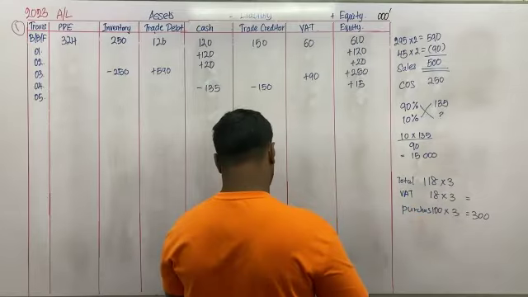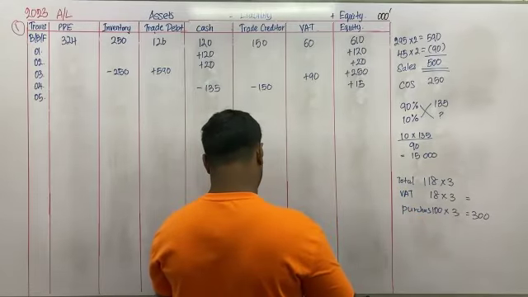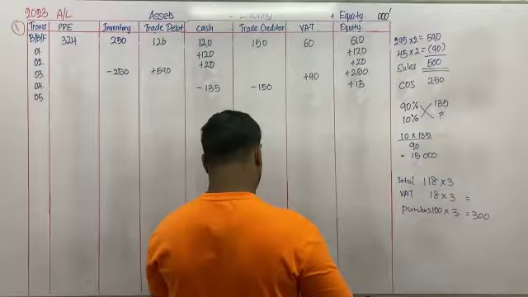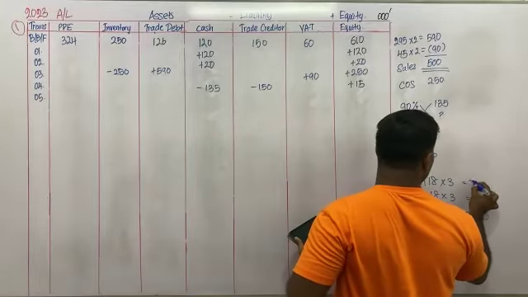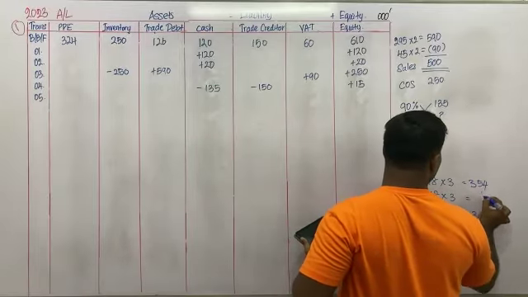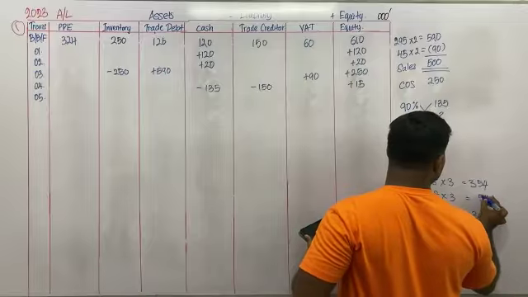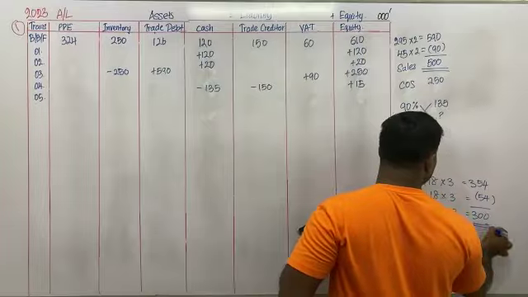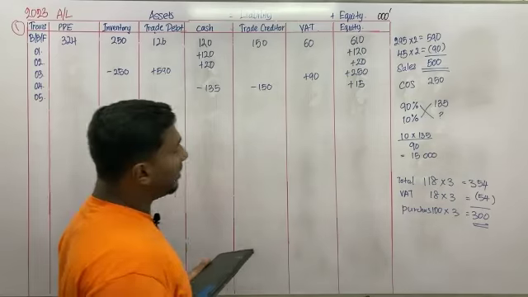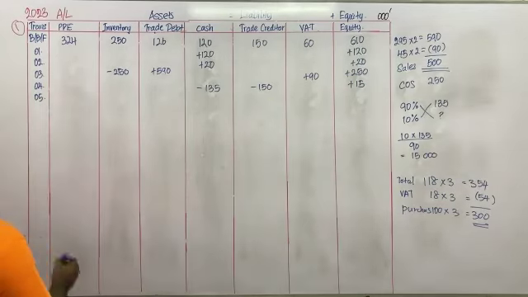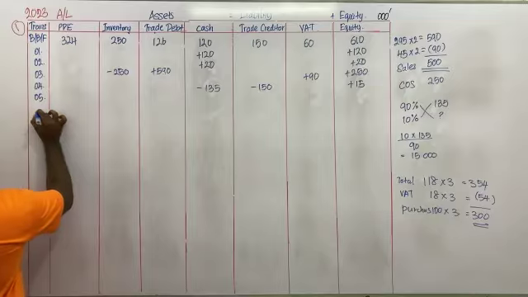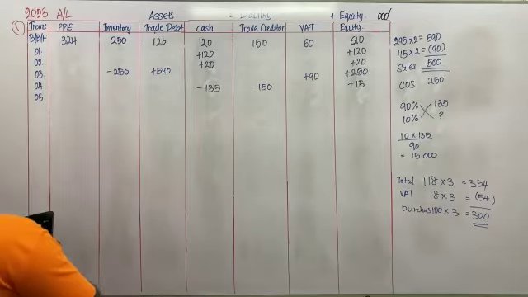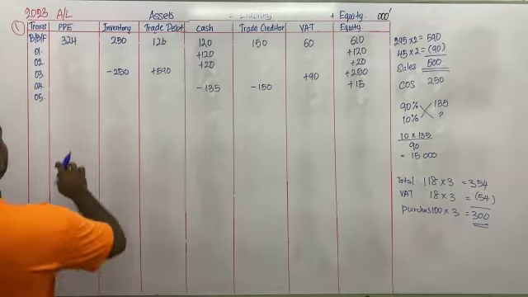Total 354, and this is 54. So transaction number 5, isn't it? Yes, 5.